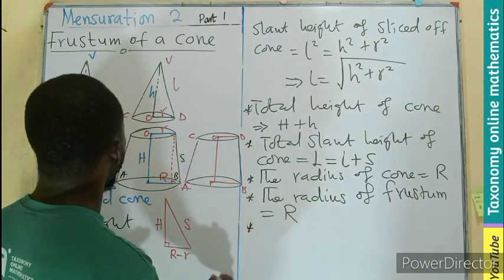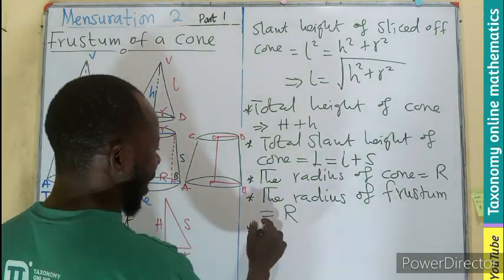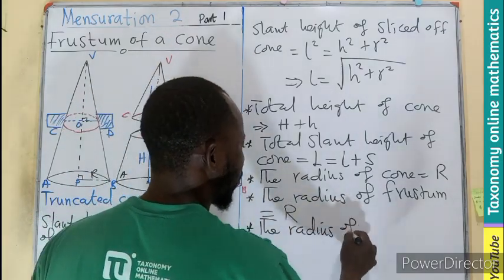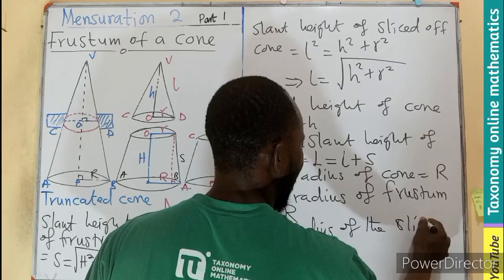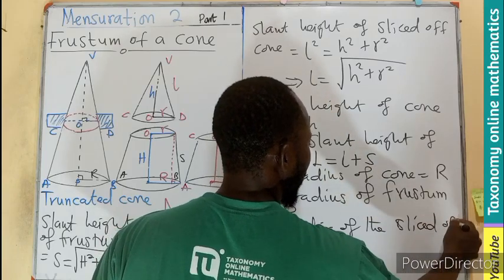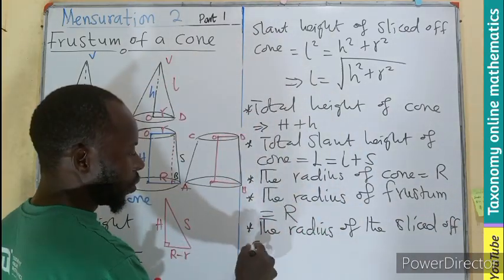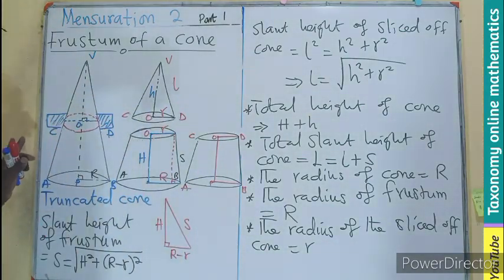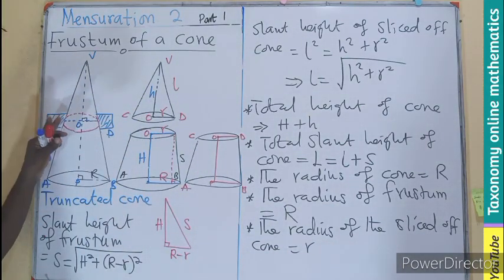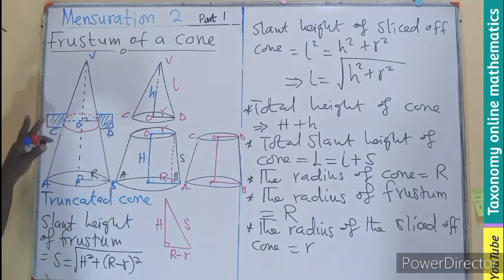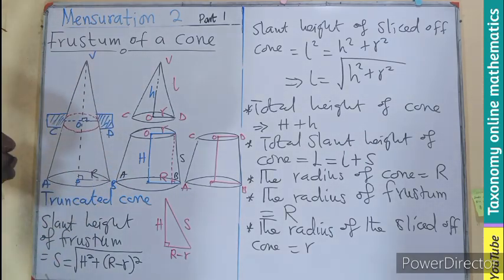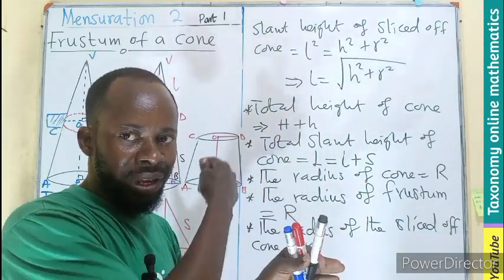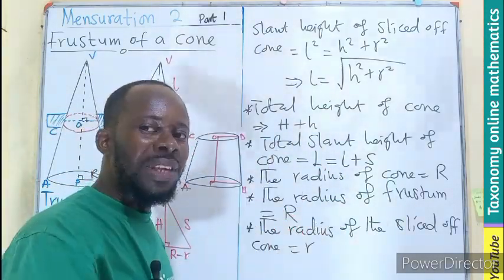What again can we find from there? We can also see that the radius of the sliced off, which we can also call the smaller cone, is going to be r. So these are some of the terms that we are going to be picking from here, if we want to develop this into the volume of a truncated cone, or the surface area.